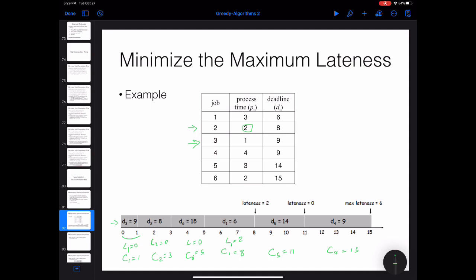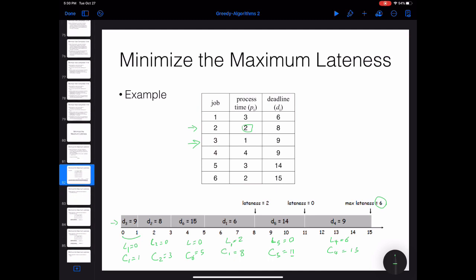For the fifth job, the deadline is 14. It is still greater than 11, so the lateness for this job is going to be 0. And for the last job that we are doing, job 4, the deadline is 9, and you finish it at time 15, so the lateness here is going to be 6. So the maximum lateness is going to be 6.